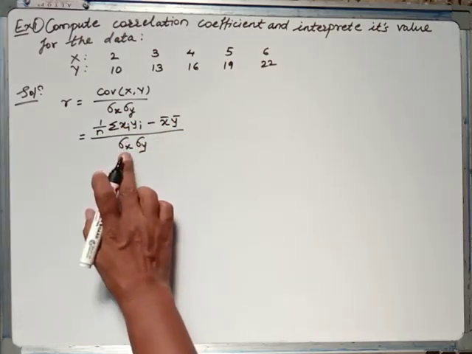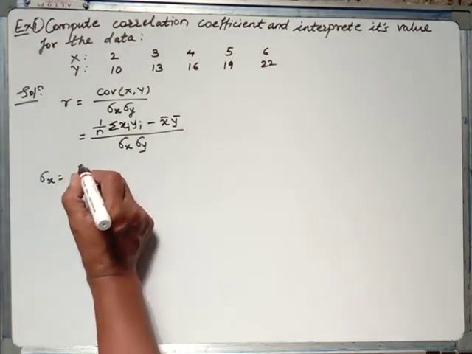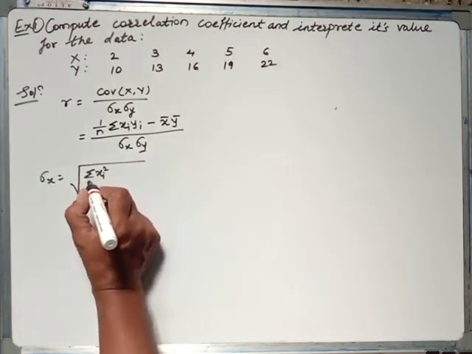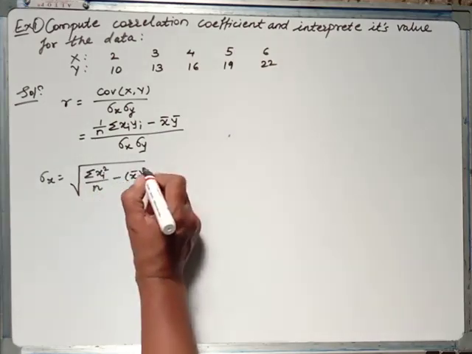And in sigma x and sigma y, what was the result for sigma x? It is root summation xi square upon n minus x bar square.